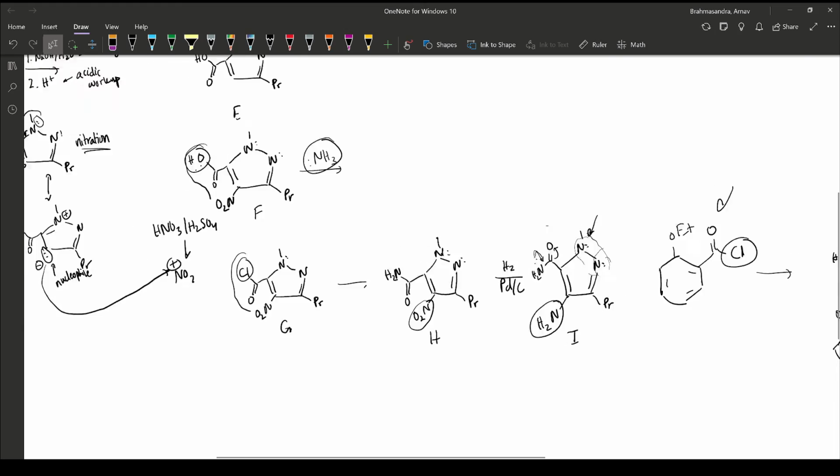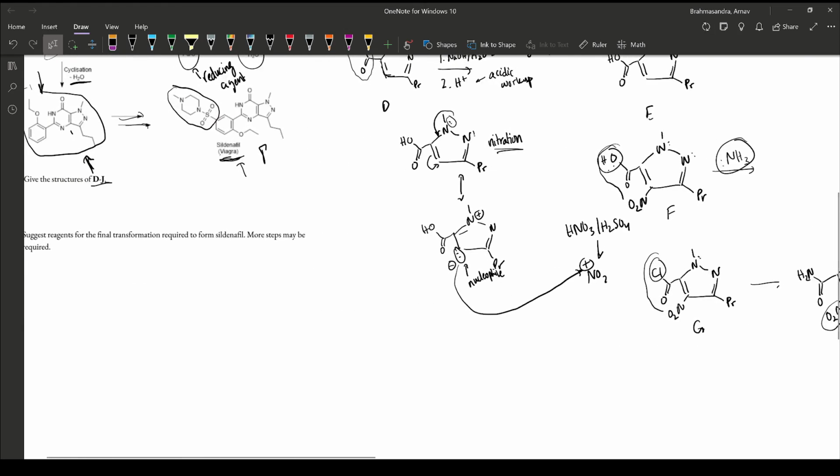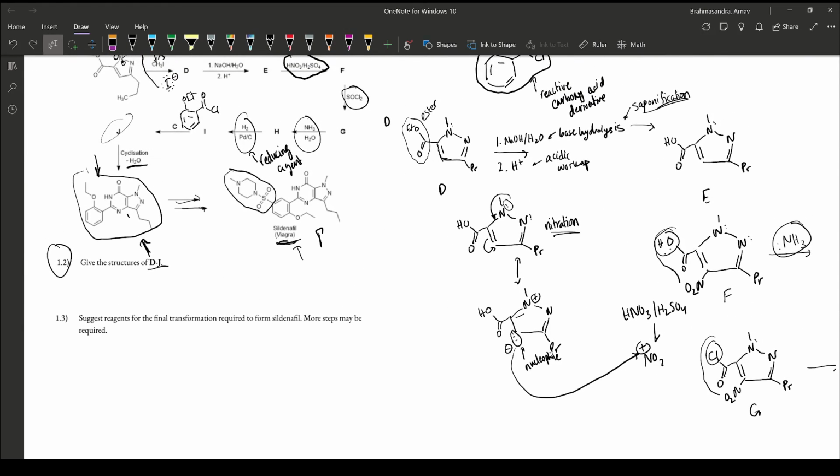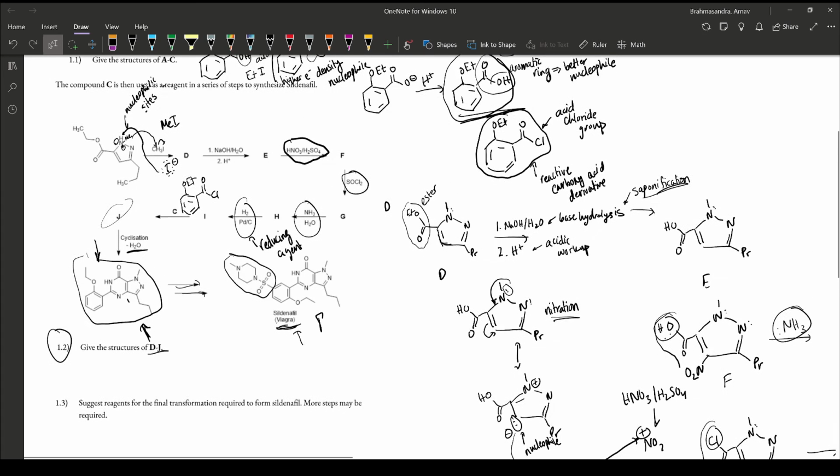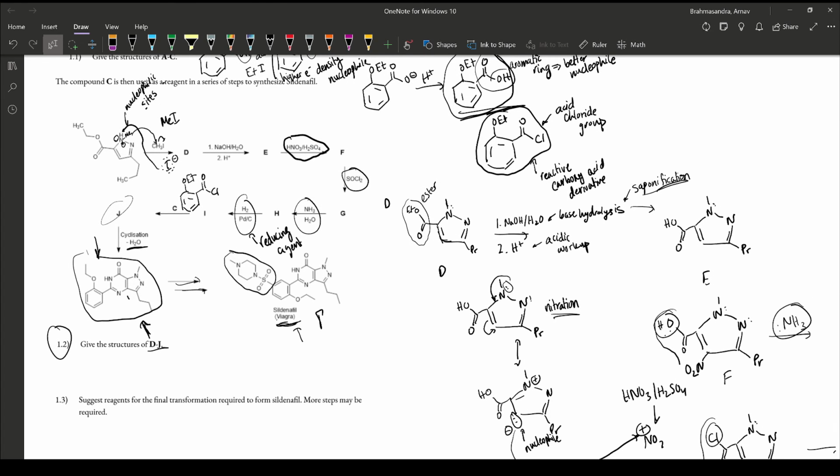All of these should have been common reactions. It was more about how you put all of this together, because they don't really give you intermediates. You're given the first compound and the last compound, and you have to know what you're doing. They don't give you any hints in between. So it's about making sure you're doing it correctly throughout, and continuing to check your work.